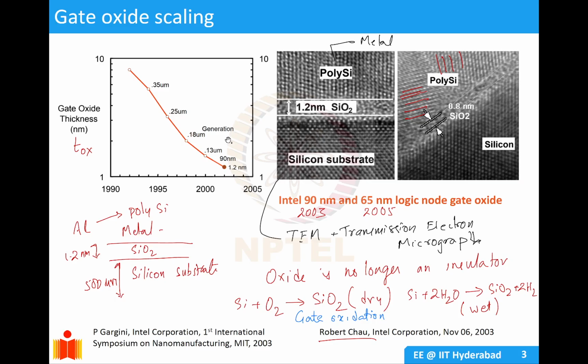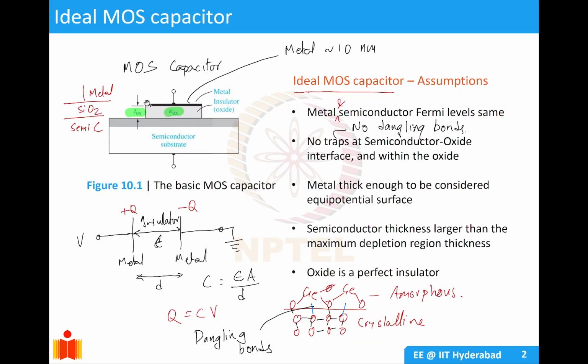So this is the scaling of the gate oxide. The terminology for a MOS capacitor is such that we call this metal contact the gate. We will understand later why it is called gate, and hence your insulator is called the gate oxide.